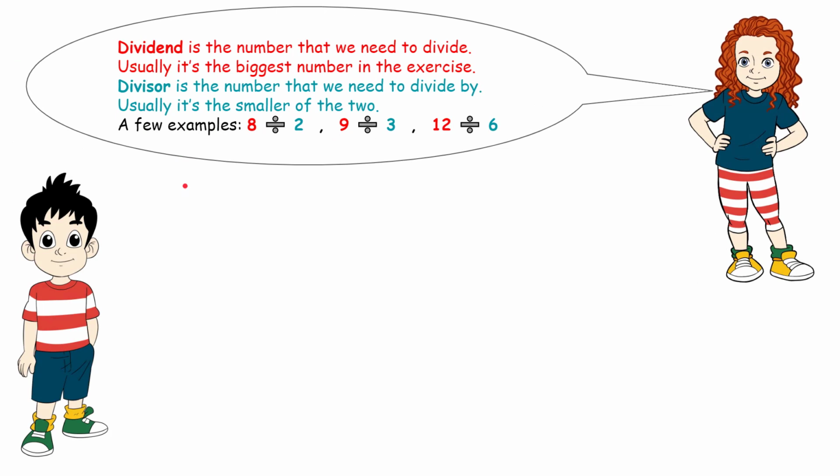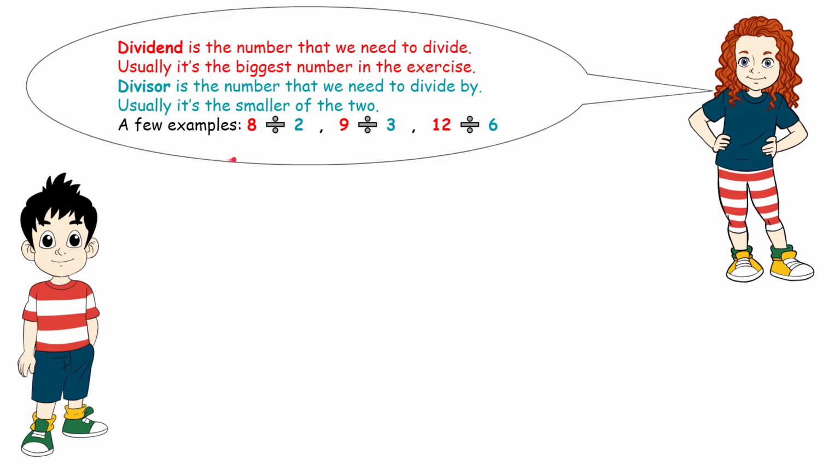Now let's clarify some things here that we mentioned. The dividend is the number that we need to divide. Usually, it's the biggest number in the exercise. Divisor is the number that we need to divide by. Usually, the divisor is the smaller of the two.